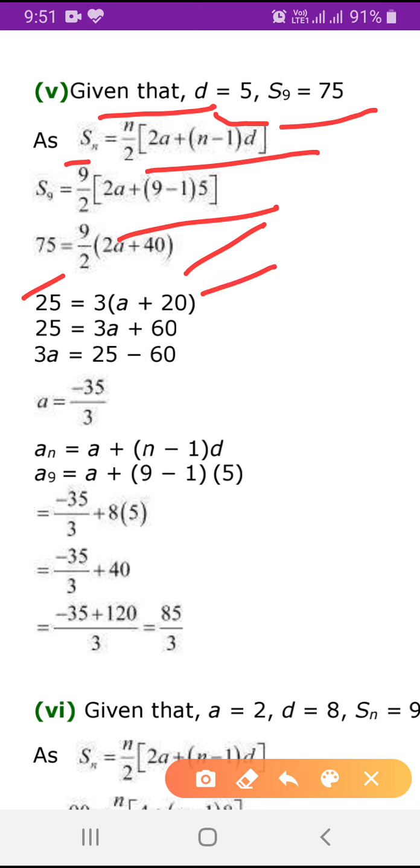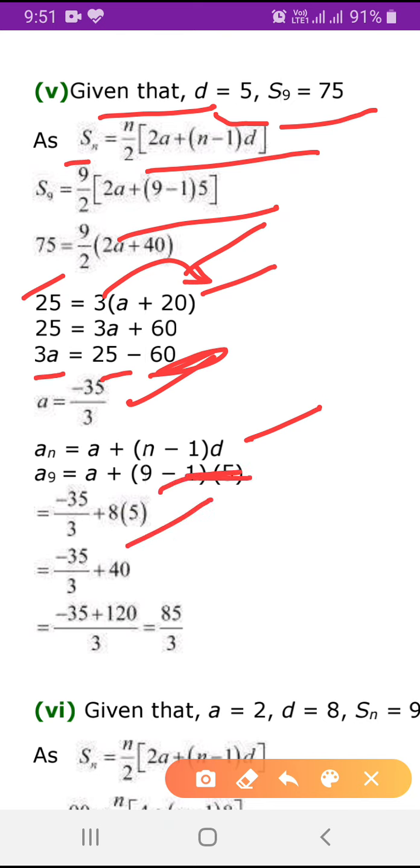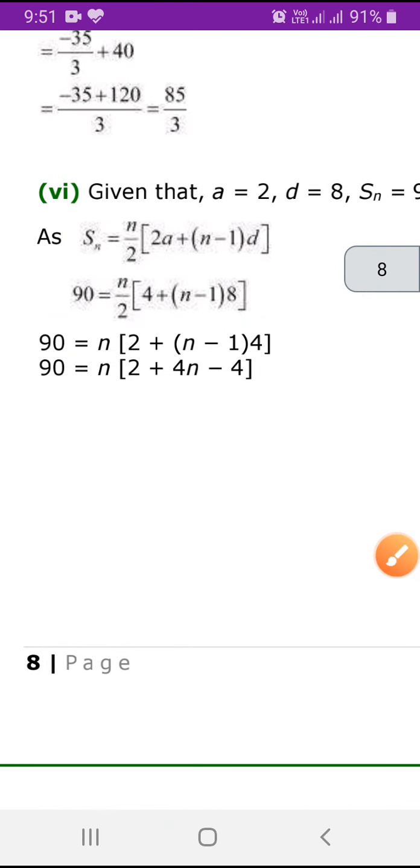After multiplying 3 into (a plus 20), we get 3a equal to 25 minus 60, a equal to minus 35 by 3. Now an equal to a plus (n minus 1) into d. We find a9, a plus 8d. Putting the values of a and d, after solving we get a9 equal to 85 by 3. This is question part 5.